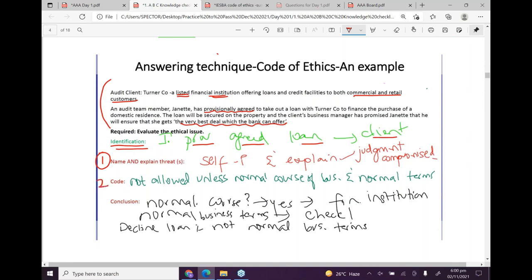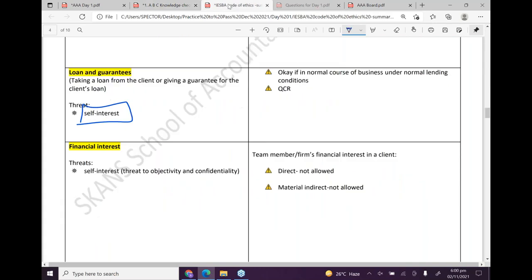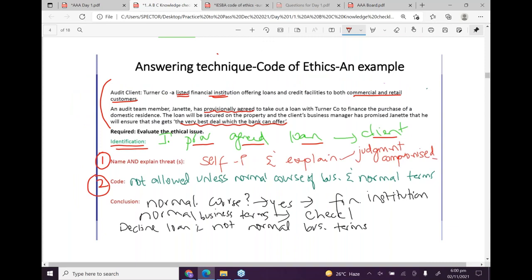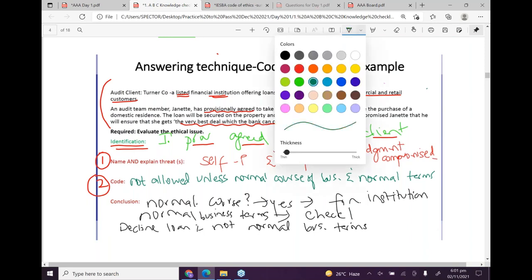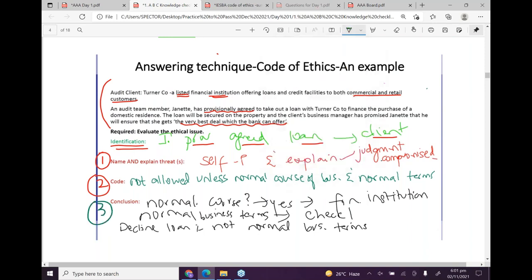Then you have to explain what the code says. So the code says it is only allowed if it is in normal course of business under normal lending conditions. So I get 1 mark for copy pasting literally what the code says. And then I have to do an evaluation so I can give a conclusion. Is this a normal course of business? Yes, because it's a financial institution. Is this normal business terms?